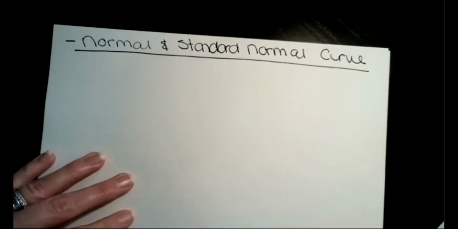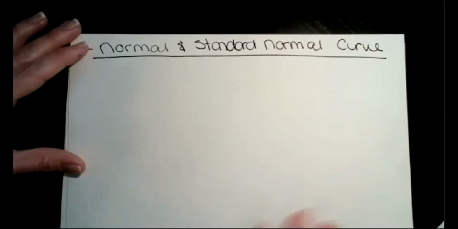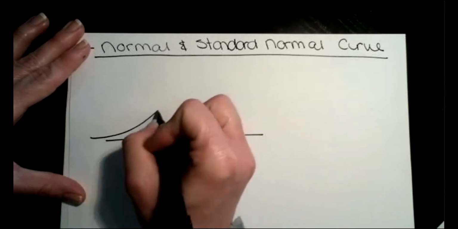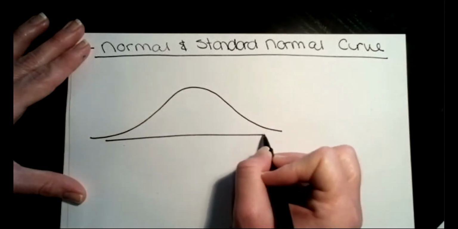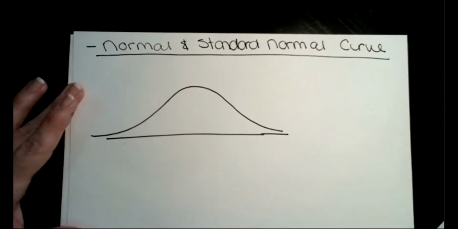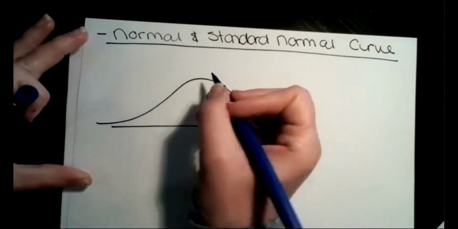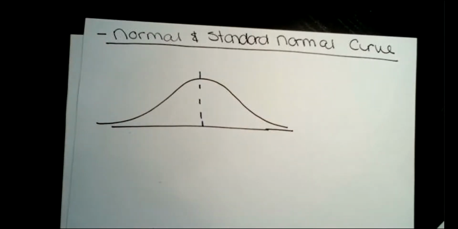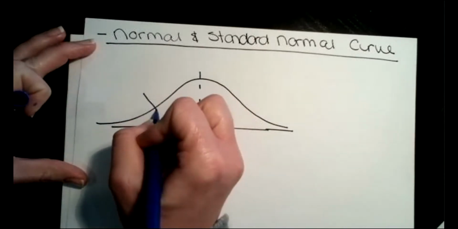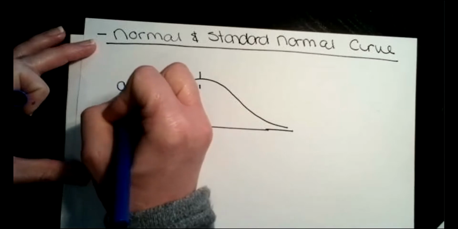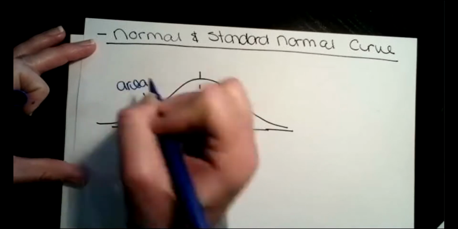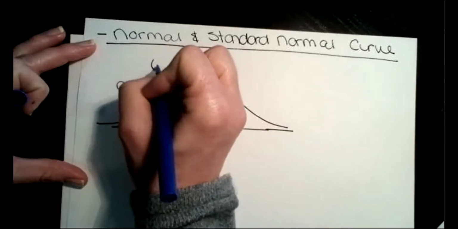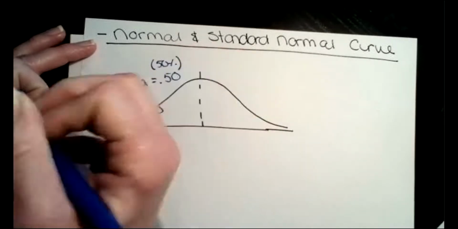And I'm going to just do a couple drawings for you, and we're going to take a look at how to have Minitab help us out with this. So if you remember, the normal curve is just a bell-shaped curve. And when we're looking at the normal curve, it's cut in half, right? So the area over here on the left is equal to 0.5, or I can say 50%.